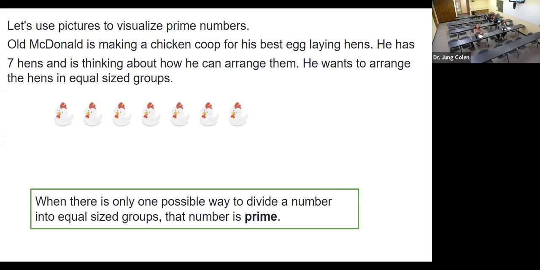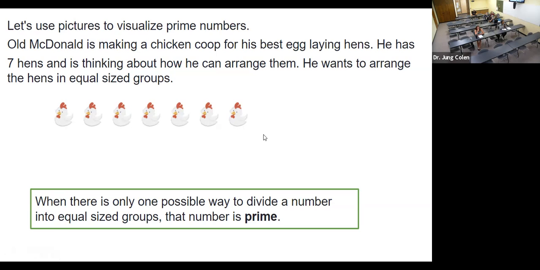You know that, right? So he arranged his 7 hens this way. Is there any other way he can arrange the hens? No, that's the only way, right? So recall, if you have only one way of arranging it, because this is the same as the other way around, it's the same thing.